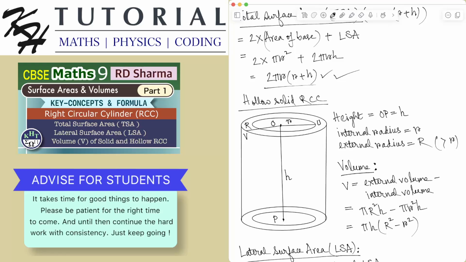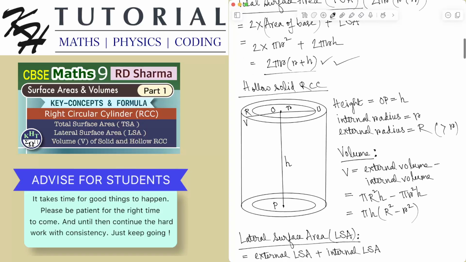So in a hollow RCC, what dimensions do you need? You need the height or length, which is h, and you need the internal radius and the external radius. The external radius, capital R, will obviously be greater than small r, the internal radius, and the thickness is capital R minus small r.